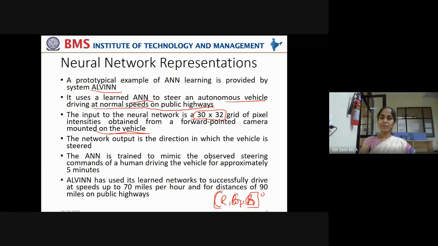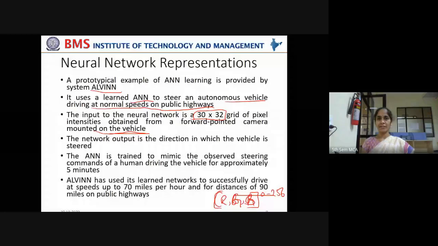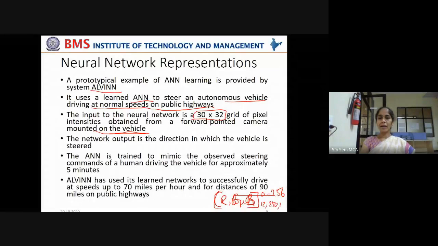Okay, each taking values from 0 to 256. But if it is a black and white image, then it will be in the form of zeros and ones. If you take this RGB, if I give 12 and 250 and 100, then I say that that particular pixel is having more green intensity, because for G it is almost nearing to 256.